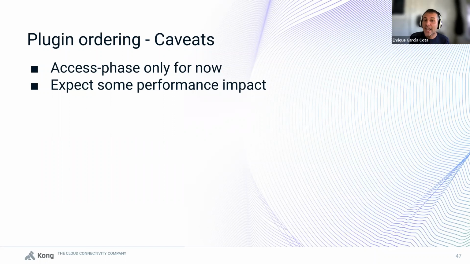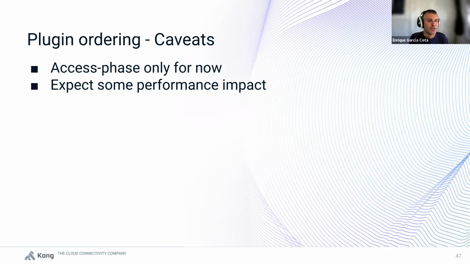So when it is active, it will slow down a little bit. We don't know still how much, but a little bit the performance. So in critically fast routes, it might not be a good idea to activate this. So a word of caution here.